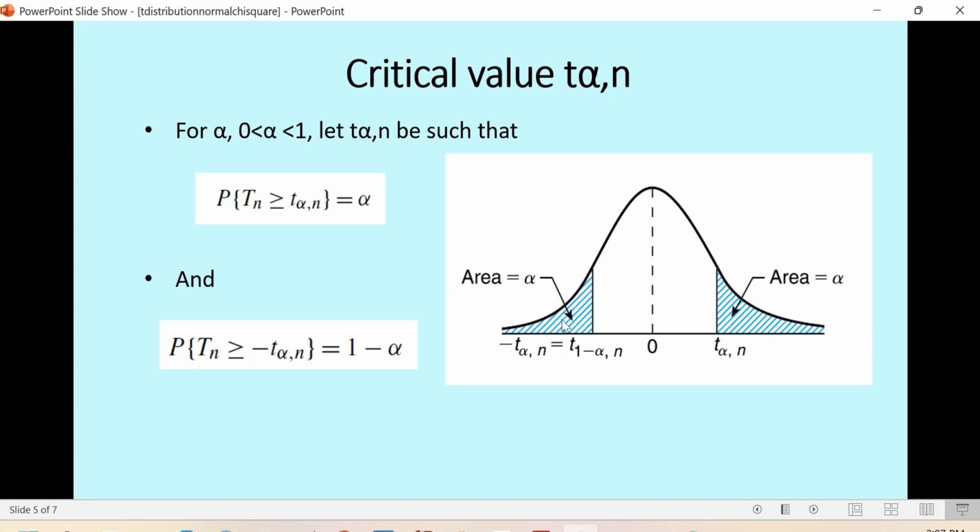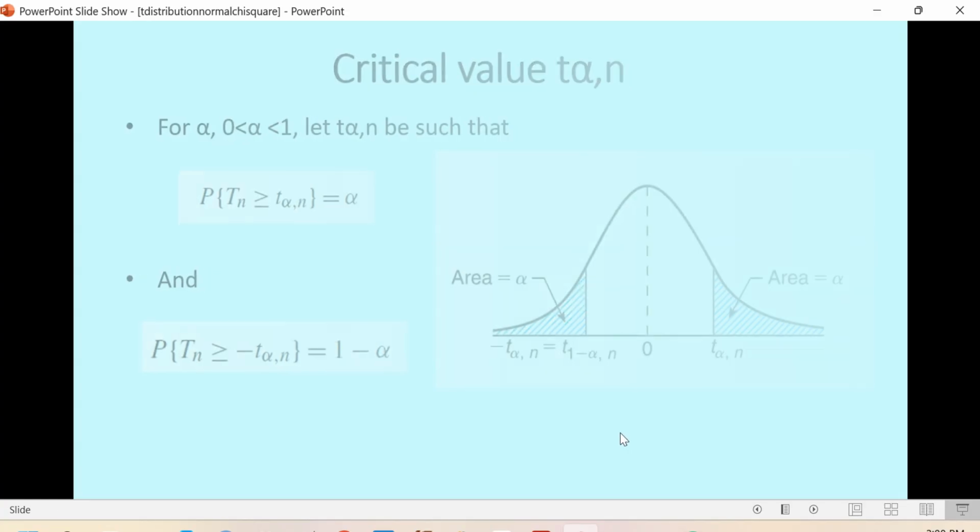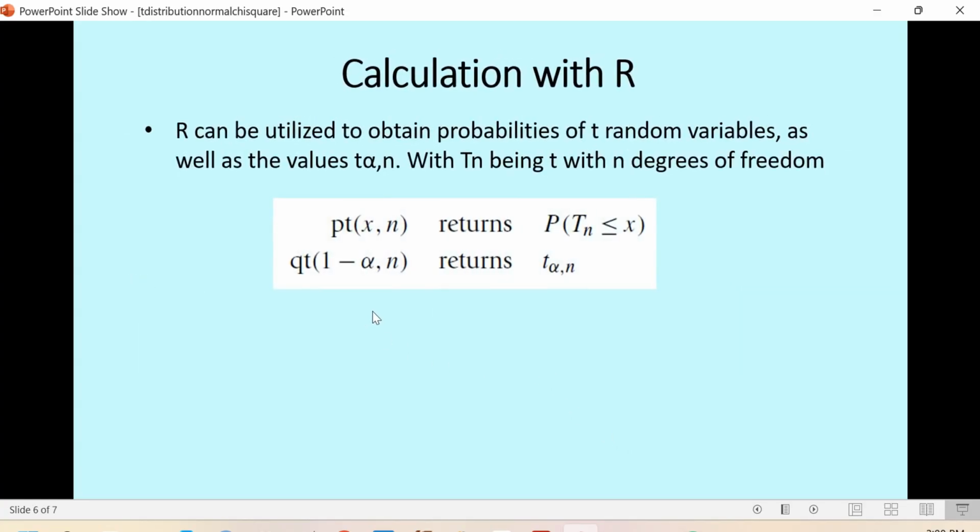Because this is also alpha, this white area plus this blue area is 1 minus alpha. Similarly, because this is alpha, this blue area plus this white area is also 1 minus alpha. We will use this information in the examples.